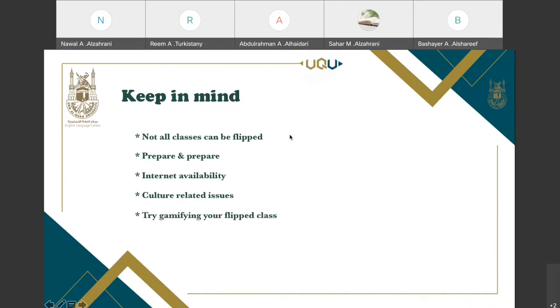Now, this is a higher level. Okay, this is if we want to take the flipped classroom a step further. Now, sometimes a teacher might say students are not responding, students are not engaged, students still are not participating in my flipped classroom. Why? Because there are no marks. They are not going to do anything unless they see or I tell them that I put a mark for this activity. So what can we do?